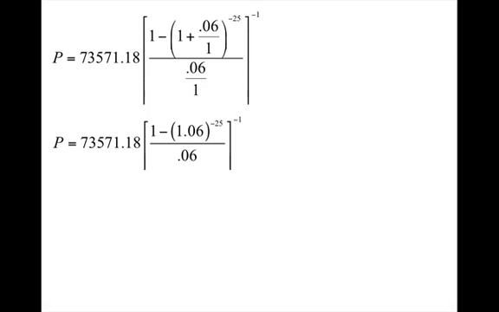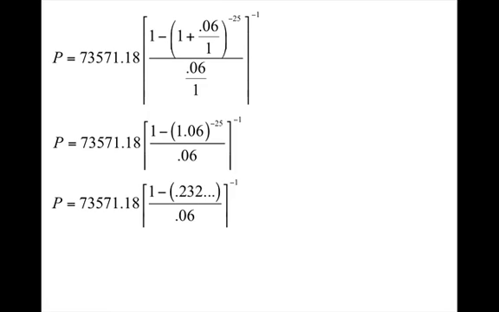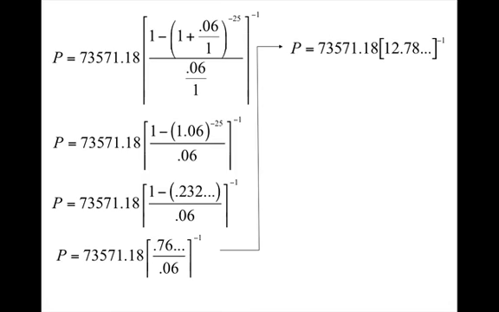So as we saw in our calculator, the 1.06 raised to the negative 25th power was 0.232, and that decimal continued. If I make that negative and add the 1, I got 0.76, and that decimal continued on. Then divide by 0.06, and that gave me the 12.78.